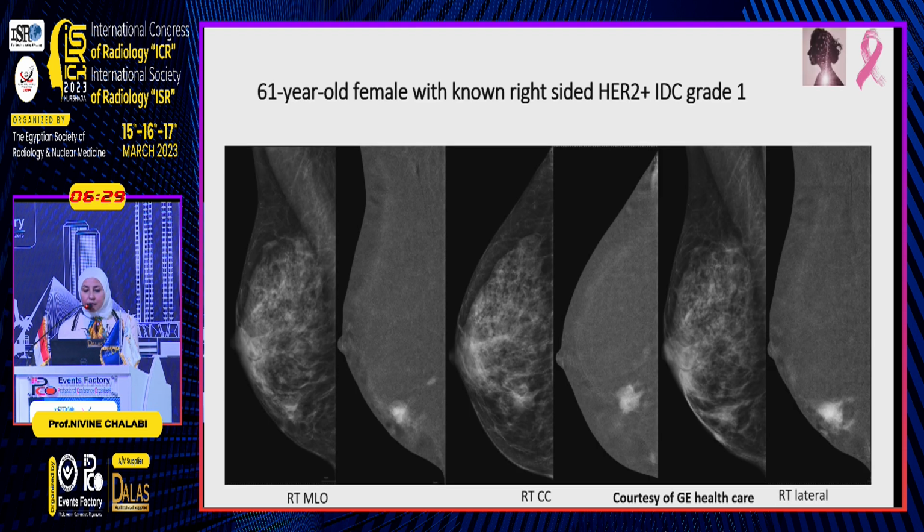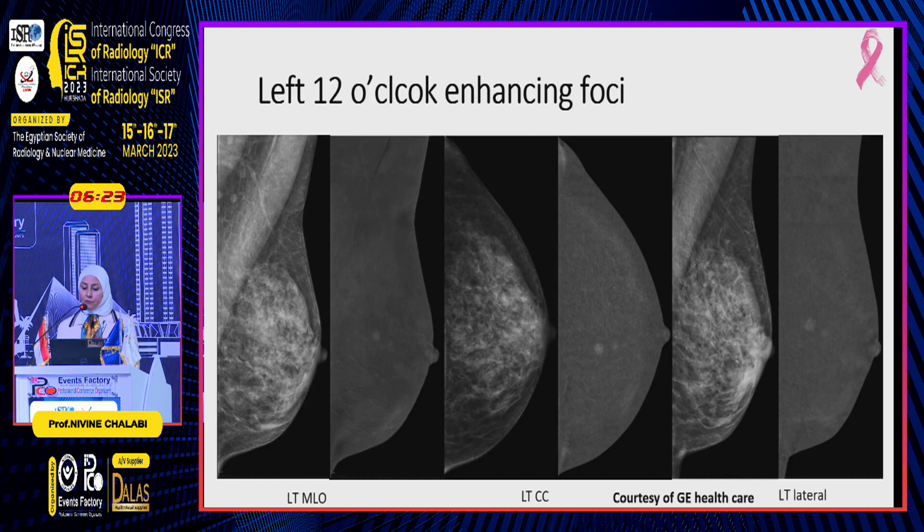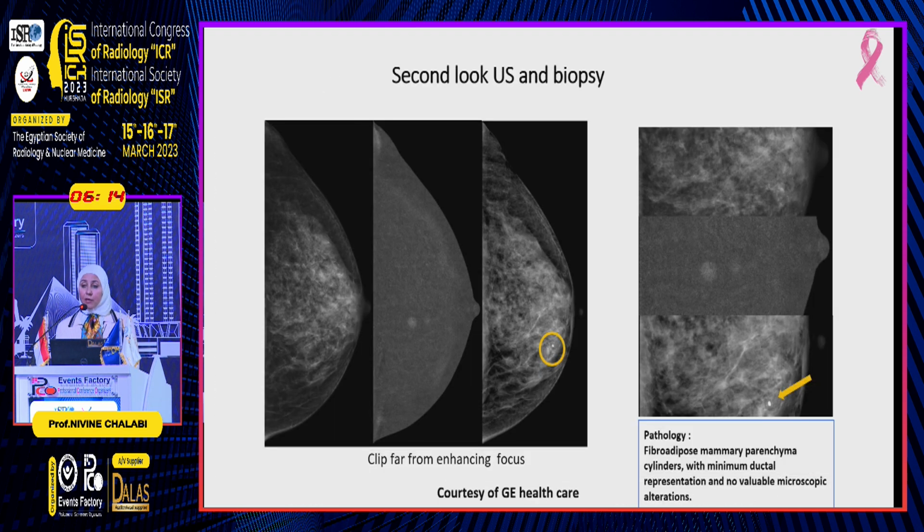Another example of a 61-year-old female with known right-sided HER2 plus IDC grade 1. After contrast mammography, there were 2 suspicious foci present in the left breast at 12 o'clock. Biopsy was attempted again by ultrasound, clip inserted, the location was not right, and there was no pathological confirmation.